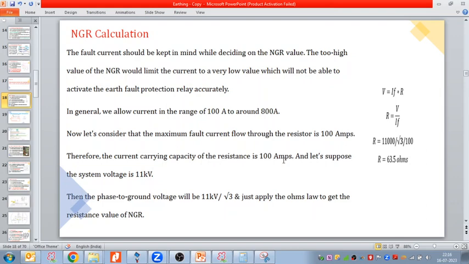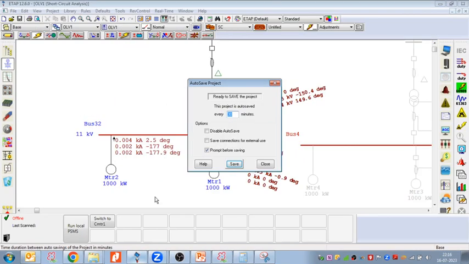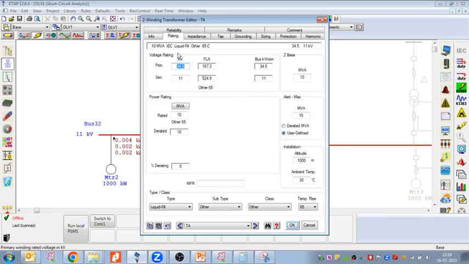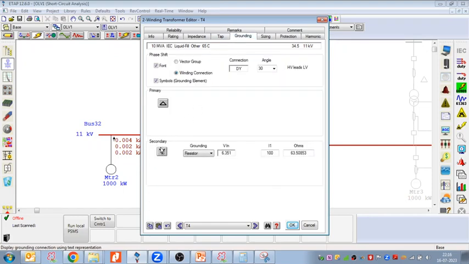And let's suppose the system is an 11 kilovolt system, which we can see over here as well. The secondary side, the LV side, is 11 kV, and this 11 kV is star connected, right? So on each phase, how much voltage will come? 11 divided by root 3.